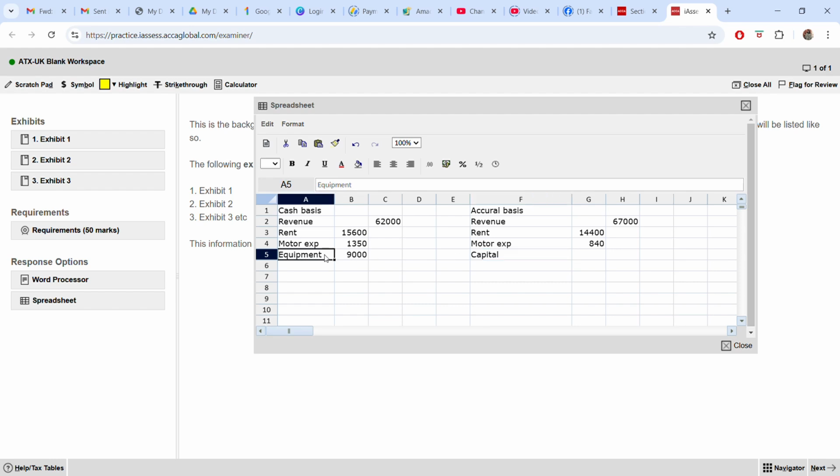Because this equipment is of a capital nature, when you buy it they are giving allowances. Allowances help you reduce your tax further. Government is giving it like a tax incentive, because you can deduct this from your trading profit.